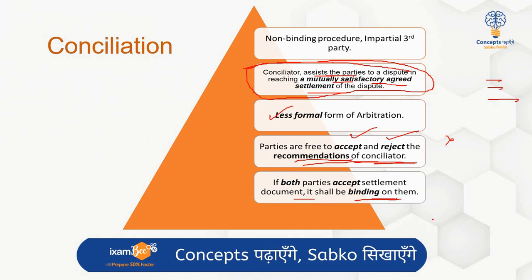So conciliation procedure is kind of assistance to the parties, and of course the conciliator helps them in drawing up the settlement agreement, gives them recommendations. Adjudication and decision making is not with the conciliator like that in arbitration.